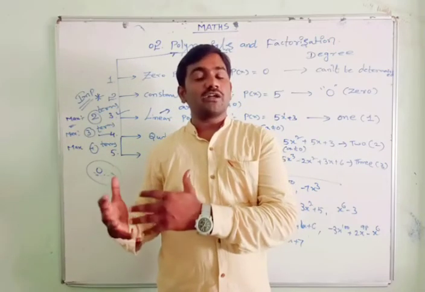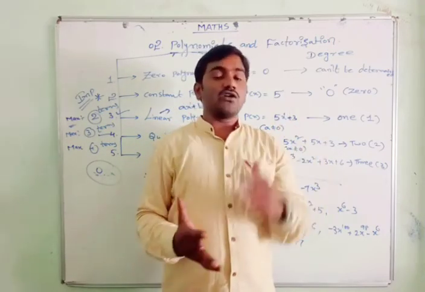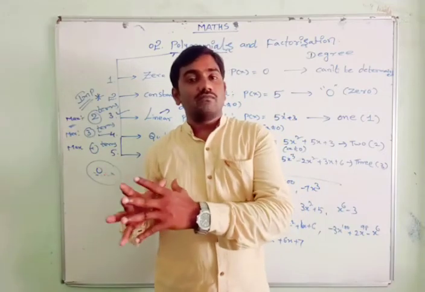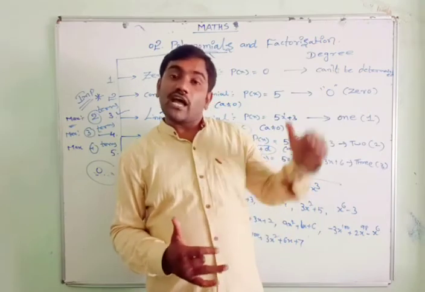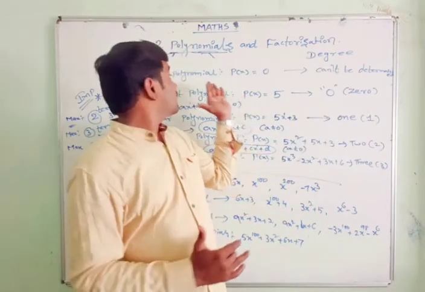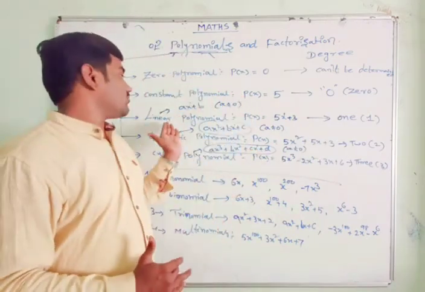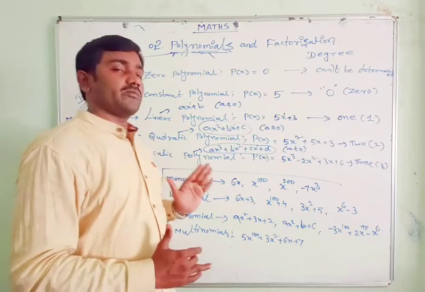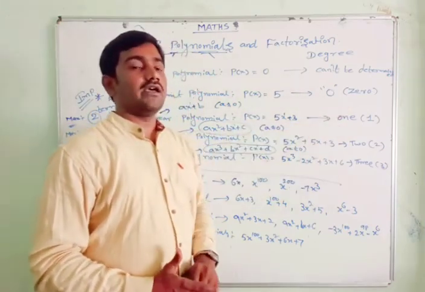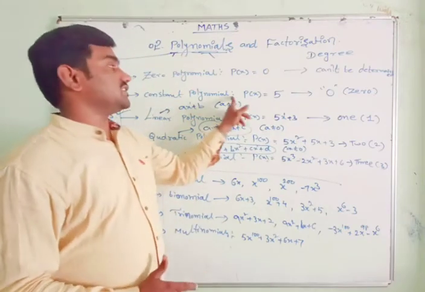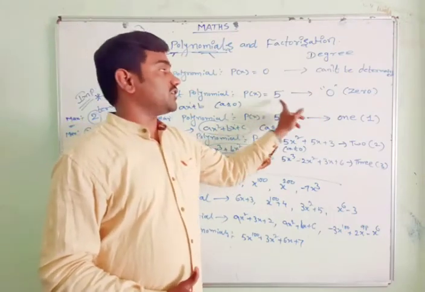The highest degree of an algebraic expression is known as the degree of the polynomial. Highest degree is known as the degree of the polynomial. Then types of polynomials like zero polynomial, constant polynomial, linear polynomial, quadratic polynomial, cubic polynomial, and their degrees. Mainly, the degree of a constant polynomial is 0.